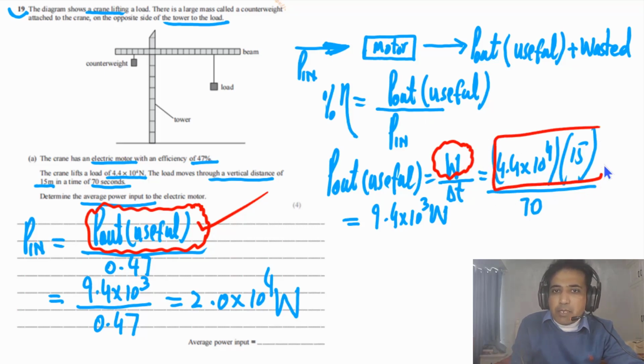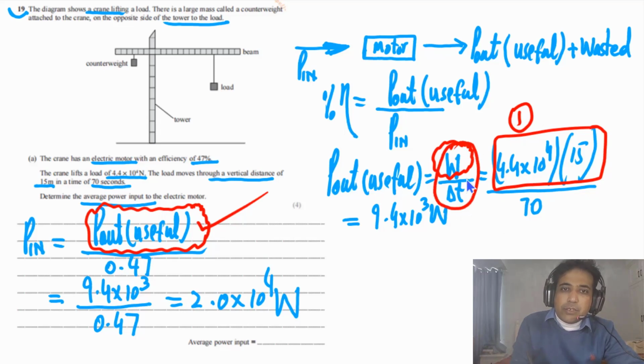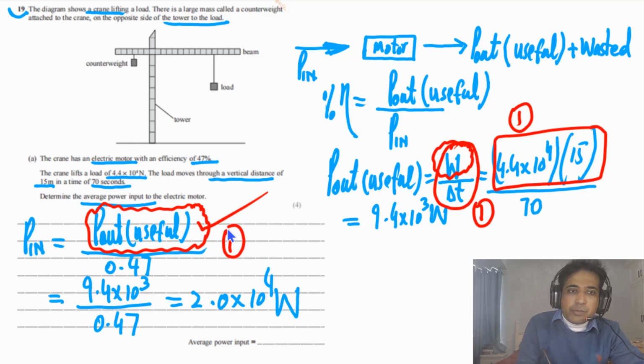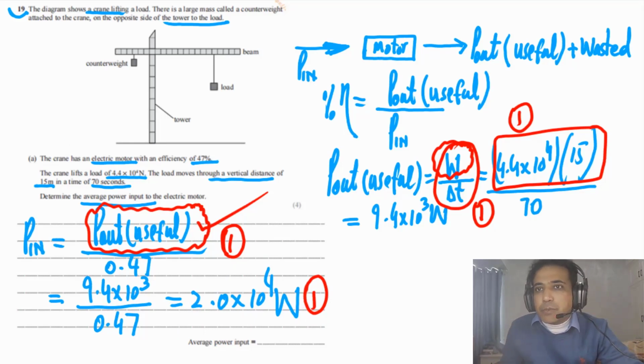The second mark you will get if you have used W over delta T. The next mark you will get if you have written P out and P in in this form. And the last mark you will get if you have got the right answer. So this is how 4 marks will be awarded to you.